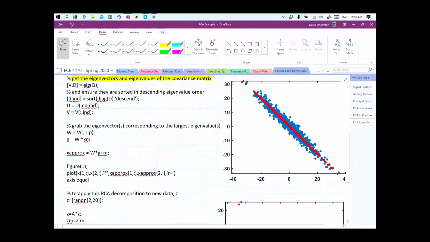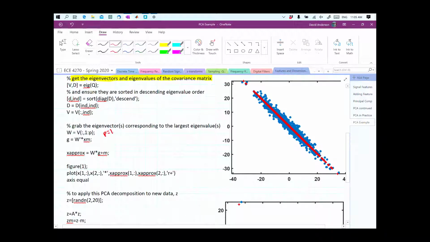Next, we want to form our approximation. So here we're going to define our W matrix. Our W matrix will be a projection matrix that we're going to use to approximate our data samples. And P in this example is equal to 1.